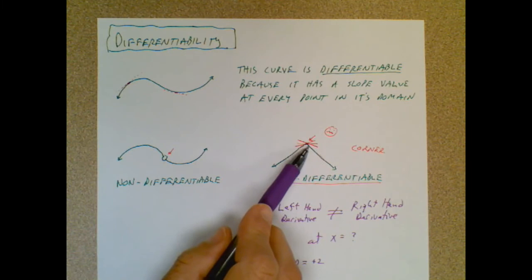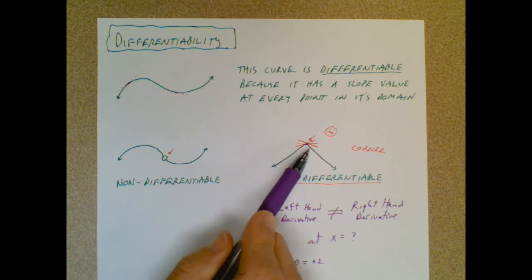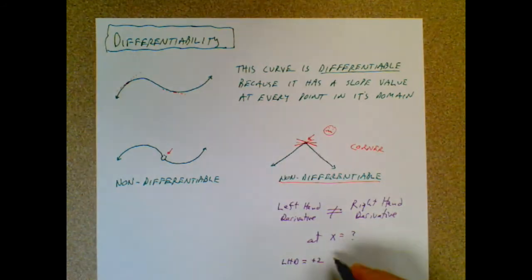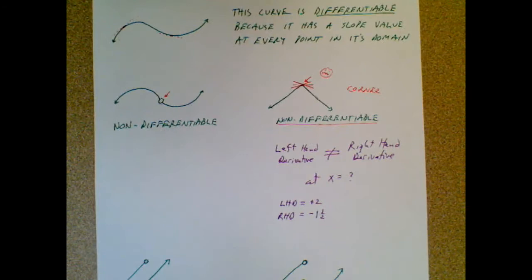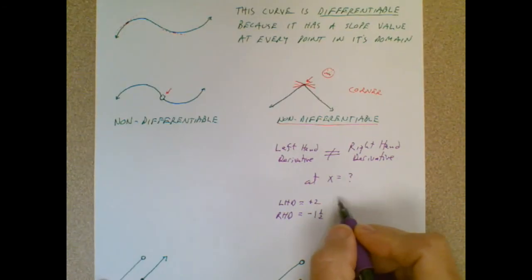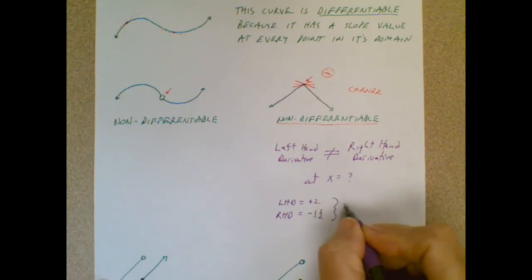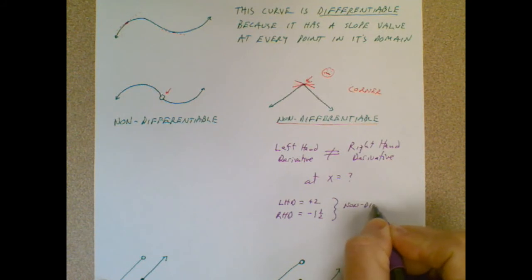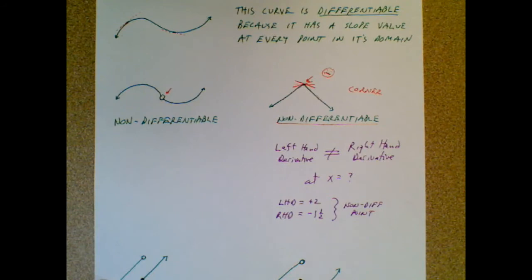And then just to the right of that point, my right-hand slope, or my right-hand derivative, is negative. I'll just say that looks like negative 1 1/2. Because my left-hand derivative does not equal the right-hand derivative, it is a non-differentiable point. That's the calculus rule, although your eyeballs can say corner point, non-differentiable.